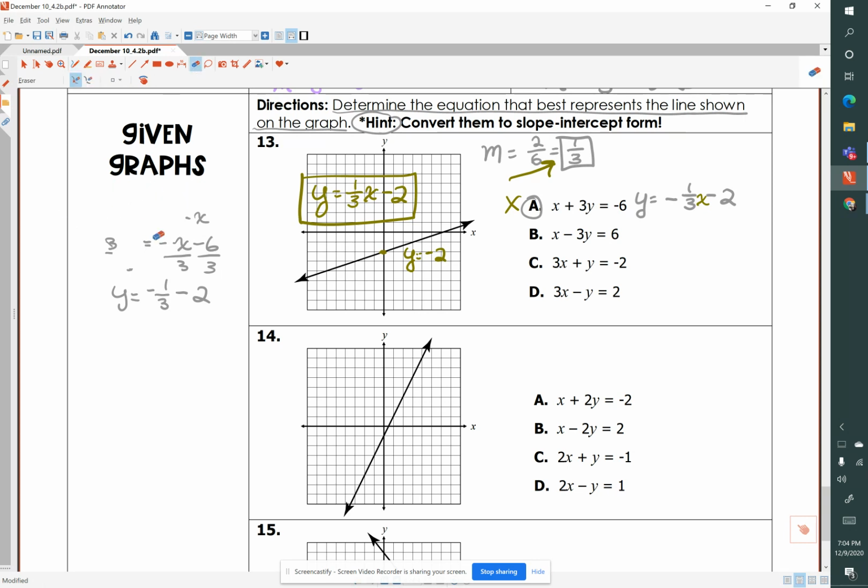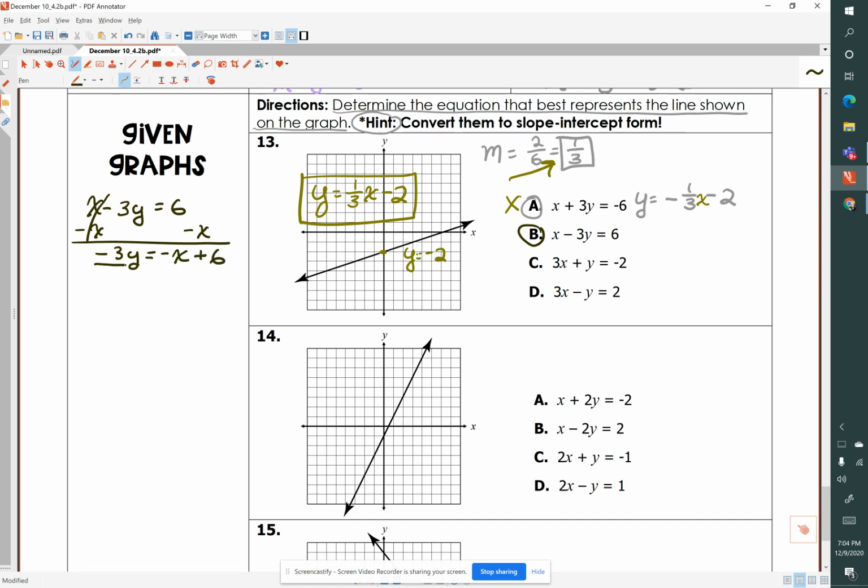So I'm going to do some erasing over here so we have room to do our scratch work. And get a darker color. Let's try b. So b, x minus 3y equals 6. We subtract x from each side, and we have negative 3y equals negative x plus 6. Now we have to divide everything by negative 3. After we do that, we have y equals.